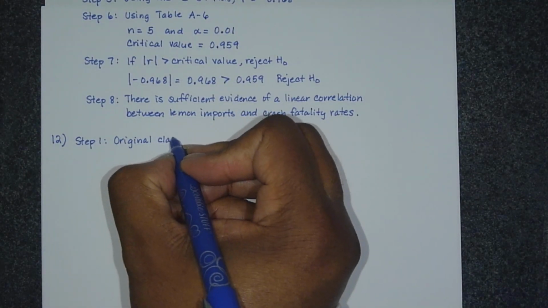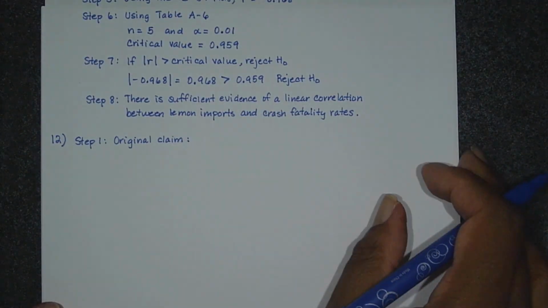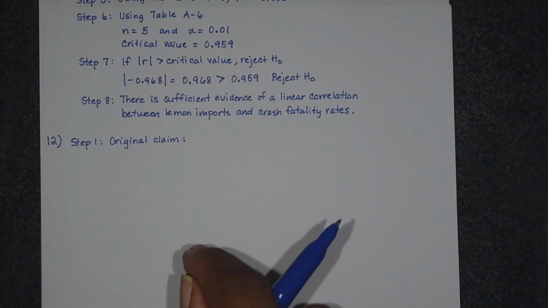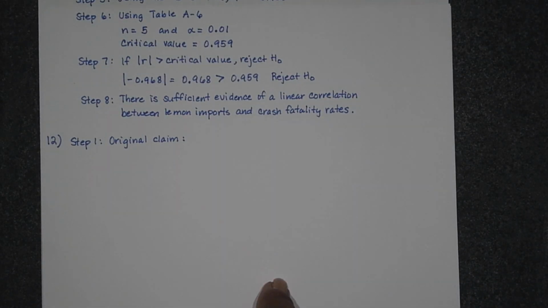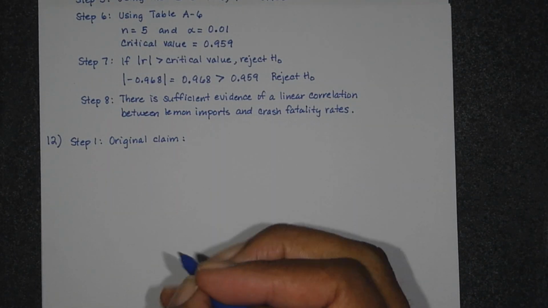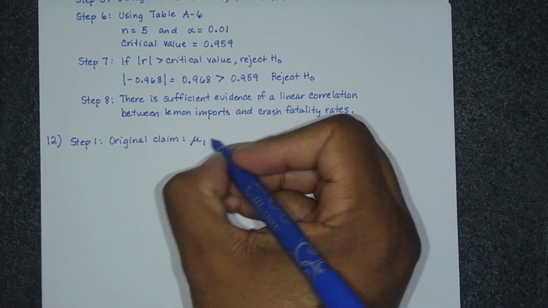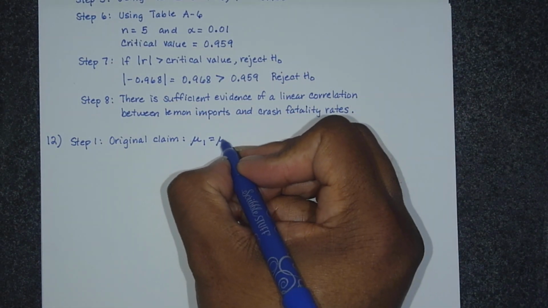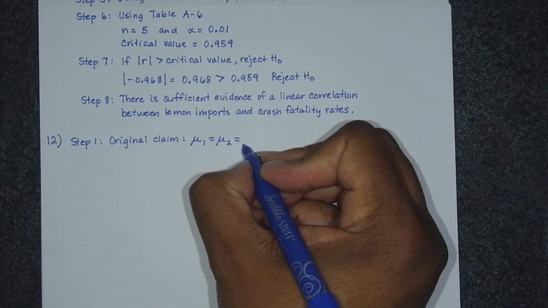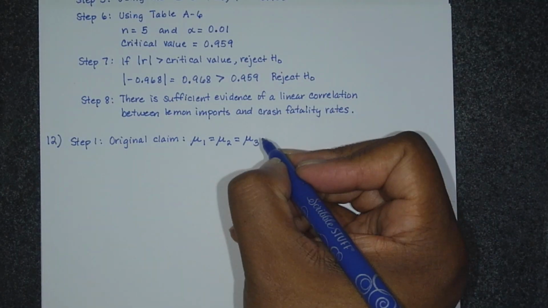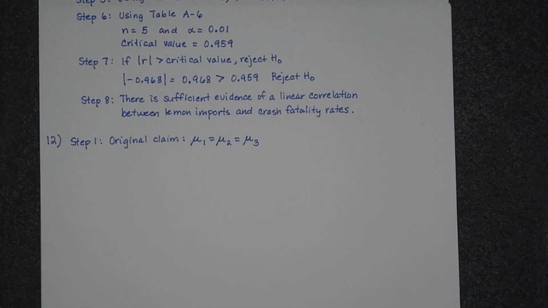Now, for the original claim, we're dealing with 3 different means for PG movies, PG-13 movies, and R movies. So the original claim in symbolic form would be mu1 is equal to mu2 is equal to mu3. We're dealing with 3 different movie ratings here.